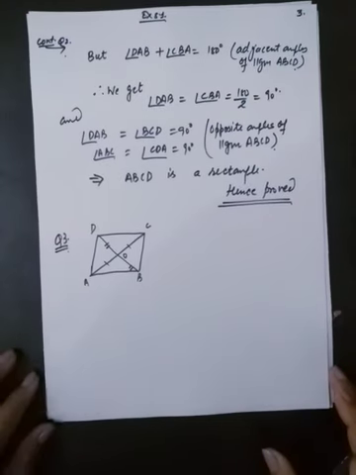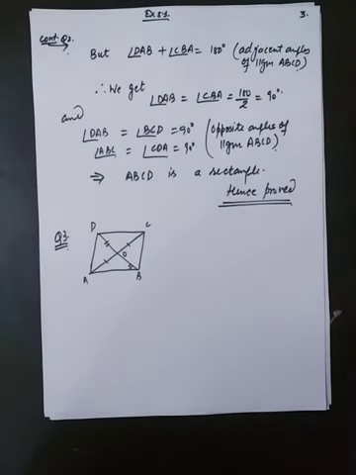Question number 3. Show that if the diagonals of a quadrilateral bisect each other at right angles, then it is a rhombus. Go to the words again. Diagonals of a quadrilateral. The figure given is a quadrilateral, and its diagonals bisect each other.